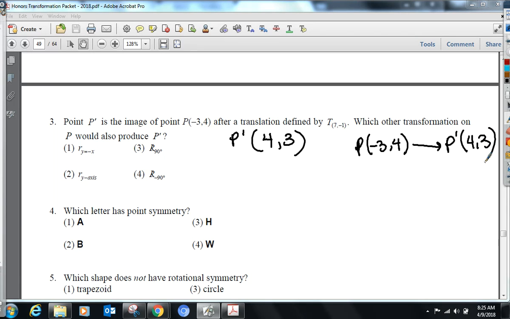And it looked like a rotation. Let's see if I can visualize this real quick. I got to go this way, which would be what, negative 90? So it'd be negative 90, because I'd have to go clockwise to get it into the first quadrant. Okay.